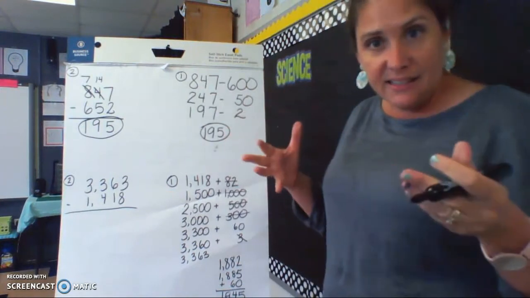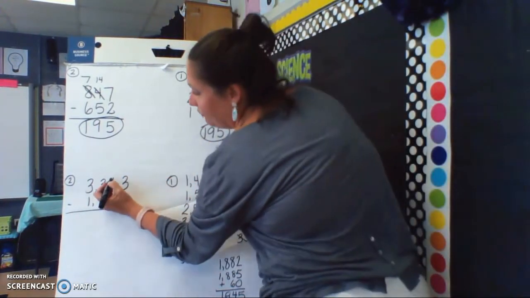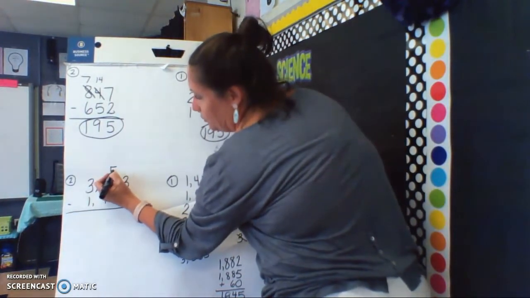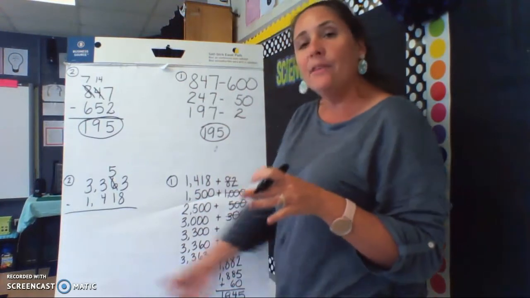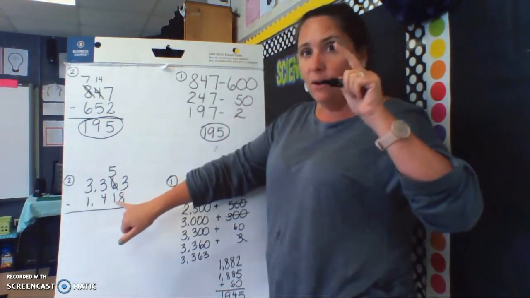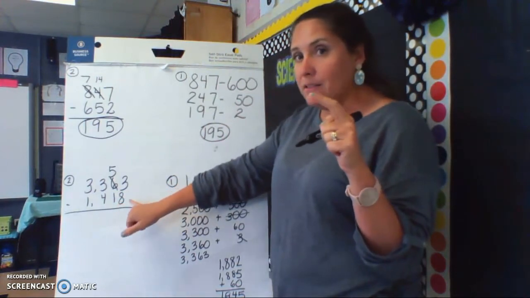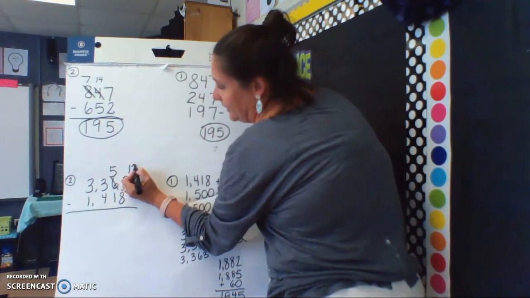So 60 minus one group of 10 is 50. But you don't put a 50, you put a 5. But that really means 50. And then that group of 10, you give it to your ones. So you have one group of 10 and 3 ones, and that gives you the number of 13.